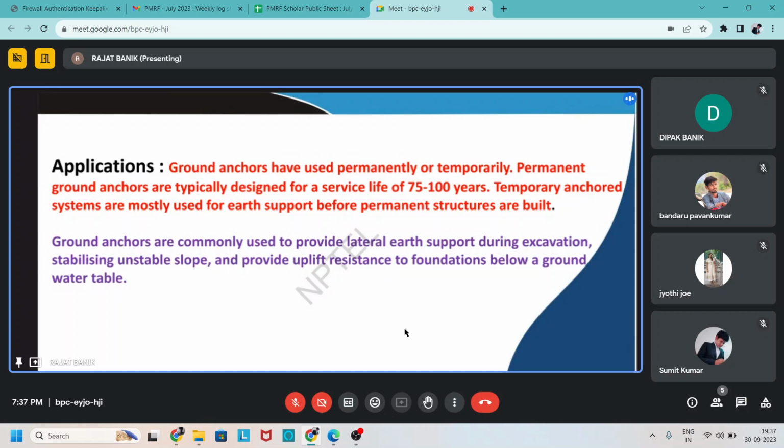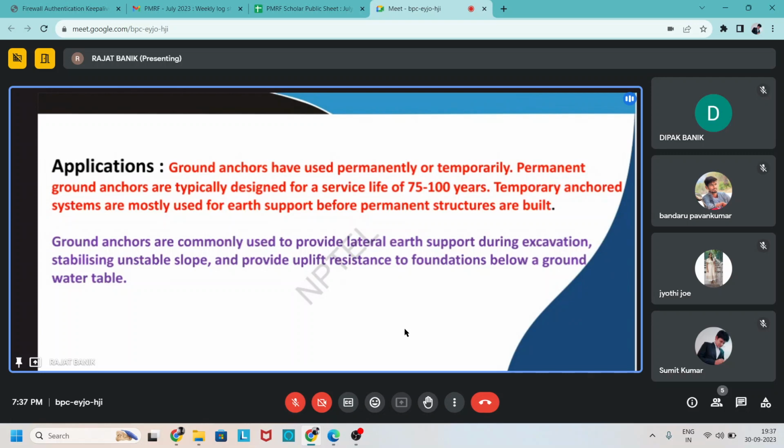The ground anchors are commonly used for lateral earth support during excavation, stabilizing unstable surfaces, and uplift resistance of foundations below the groundwater table. So the soil nail and also the ground anchor are mostly used for lateral support, to stabilize the lateral slope and also the unstable slope.